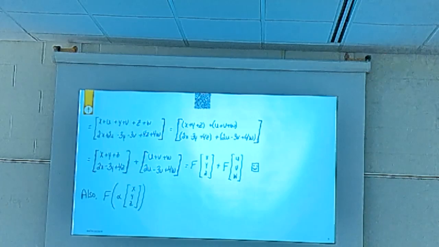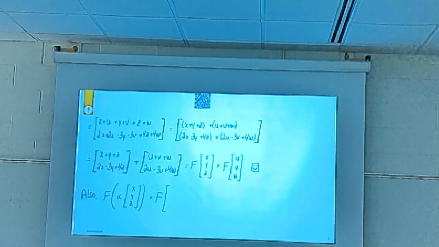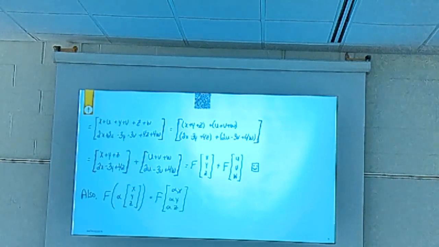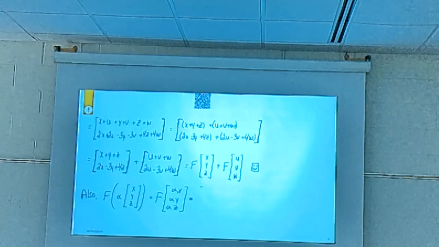Well, again, we're dealing in R3 originally. Scalar multiple in R3 is that, right? Alpha x, alpha y, alpha z. Now apply the transformation. What did the rules say?